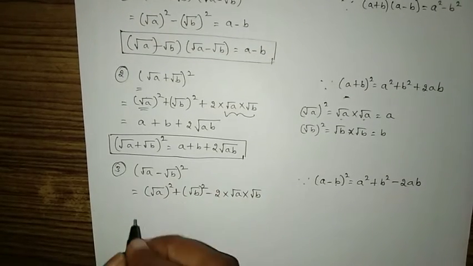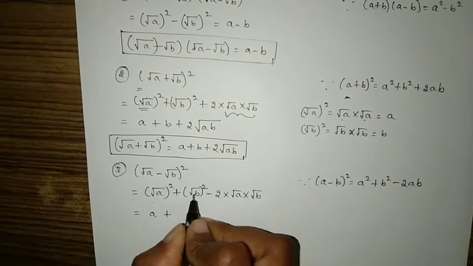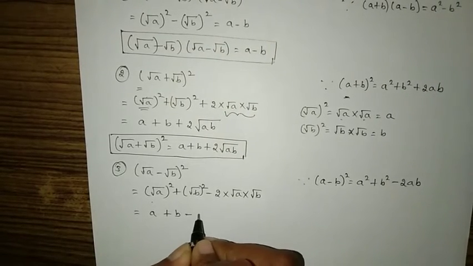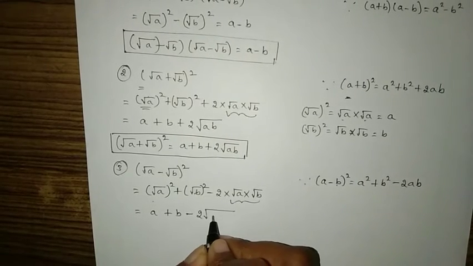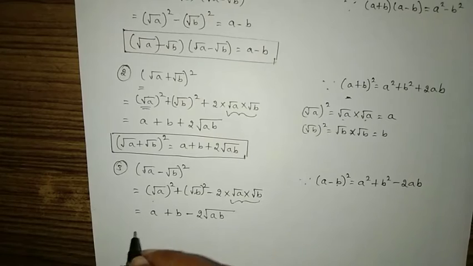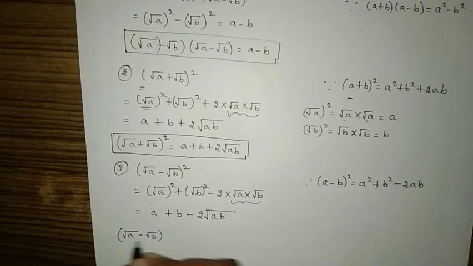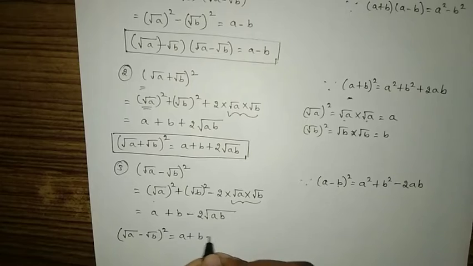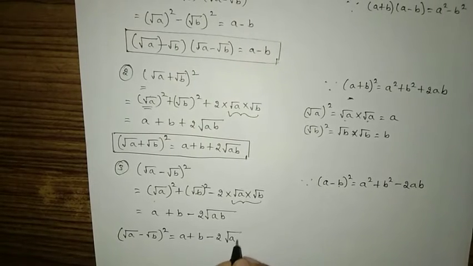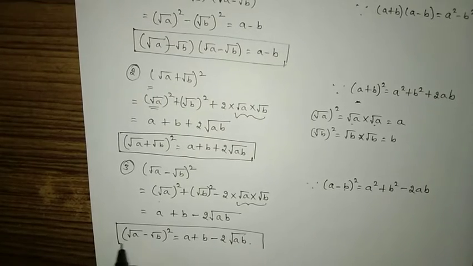So what we get? This is a plus b minus 2 into root of a into b. So we can write (root a minus root b) whole square is equal to a plus b minus 2 into root ab. So this is the another one.